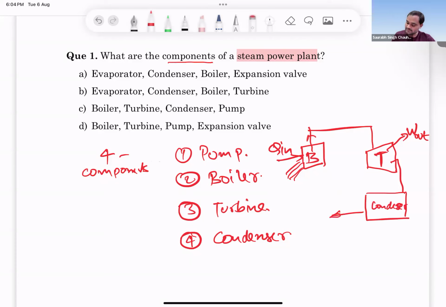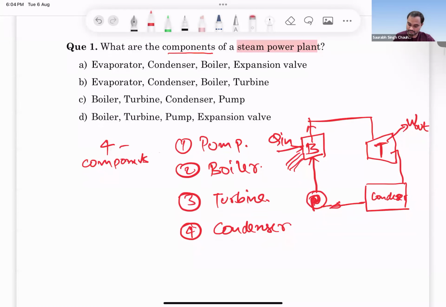Then this water goes into the pump where its pressure is raised up to the working pressure of the boiler. The pump will pressurize the water and send it to the boiler. So these are the main components of the steam power plant: boiler, turbine, condenser, and pump. So option C should be the correct option.